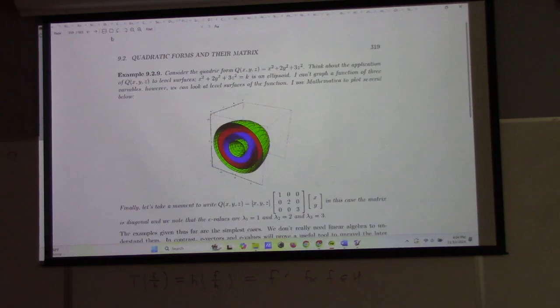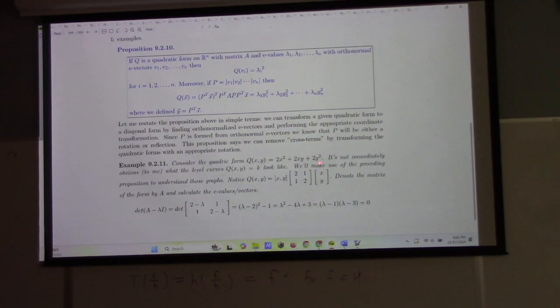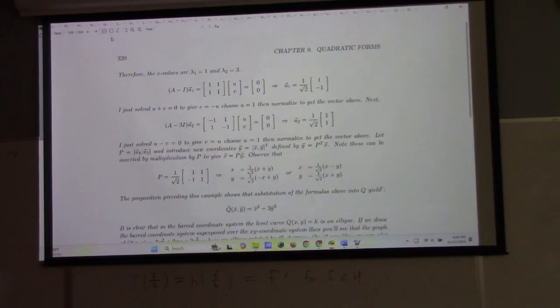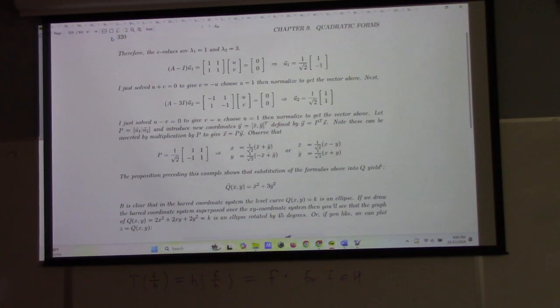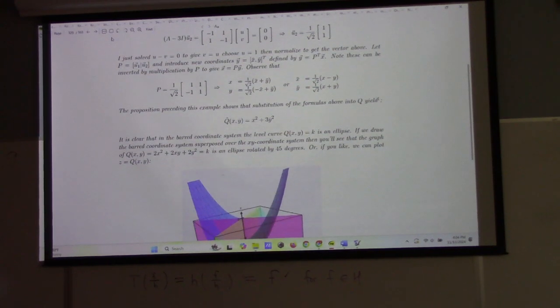I don't think it was obvious back here. If I set this equal to 1, a constant, is it obvious that's an ellipse? It's not obvious to me. But in the eigencoordinates, it becomes clear that it's an ellipse. That's the beauty of diagonalization: it takes complicated things and makes them simple.